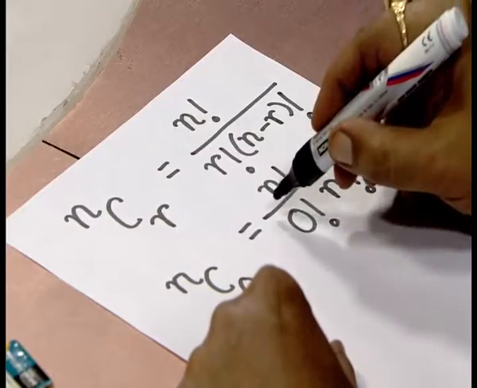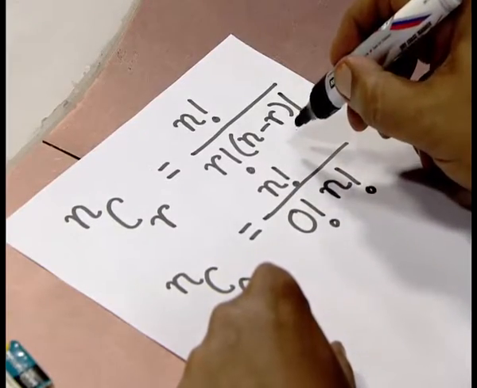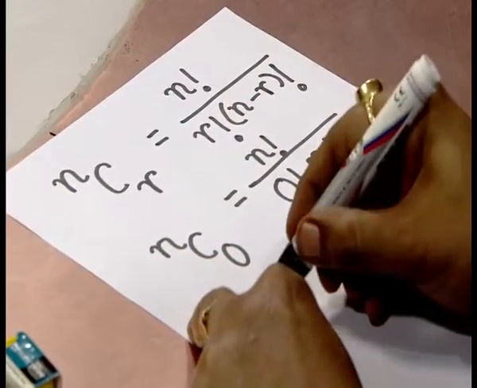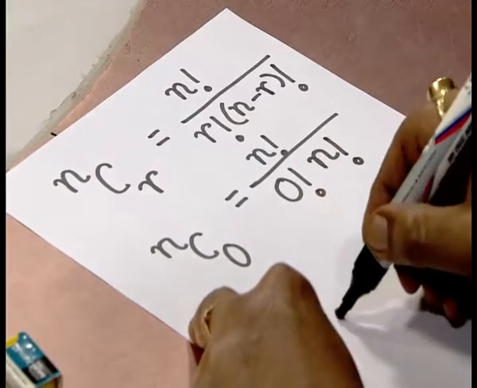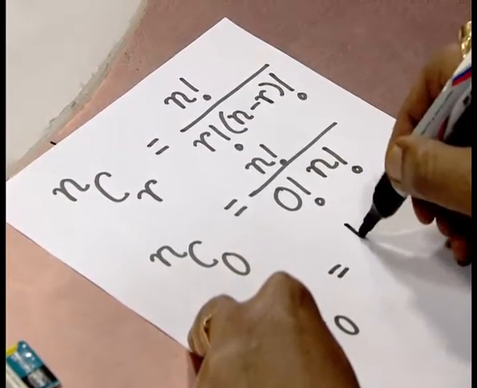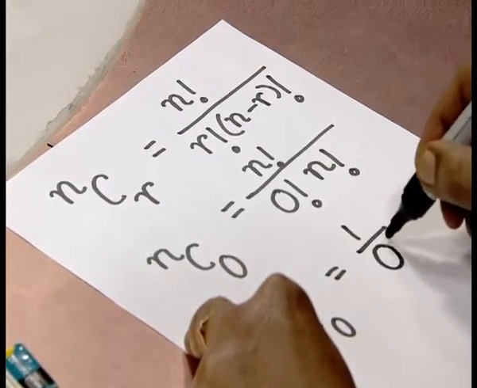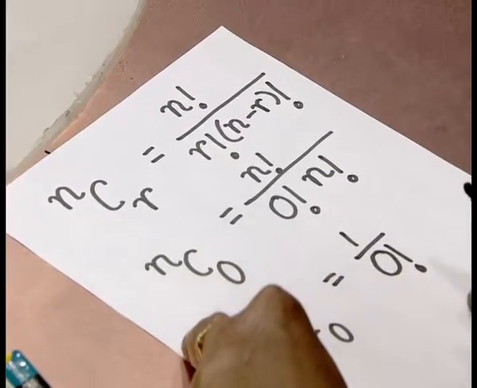So, you have factorial n in the numerator and factorial n in the denominator. They cancel each other and you get nC0 is equal to 1 upon factorial 0. But just now we have established that nC0 is equal to 1, being equal to nCn.